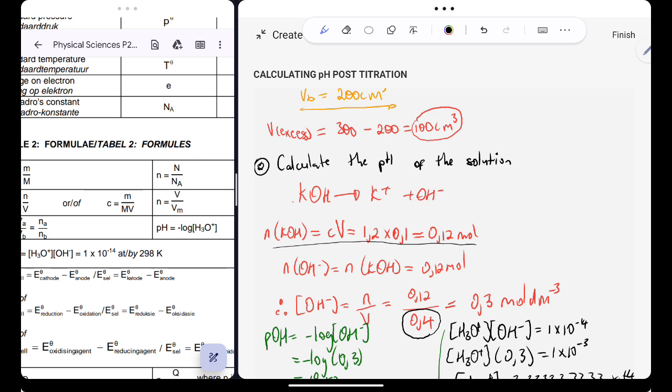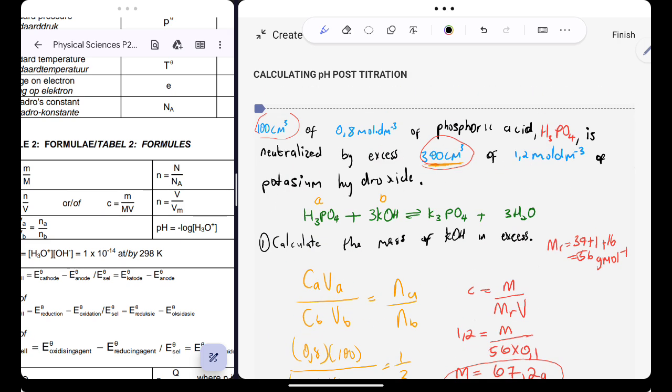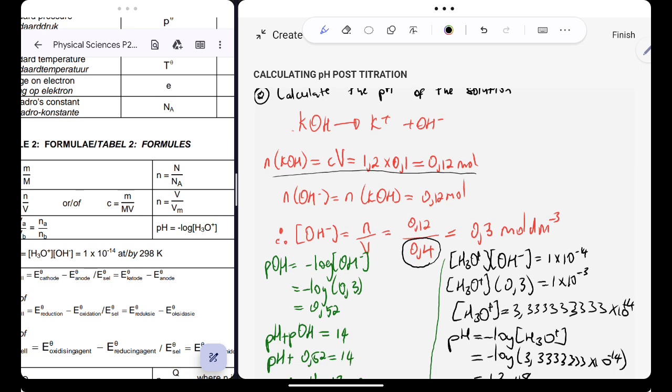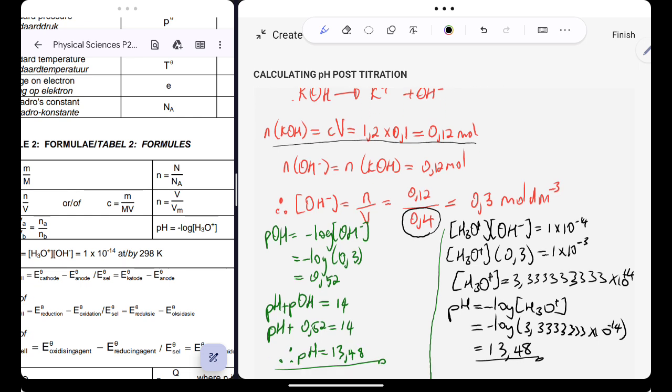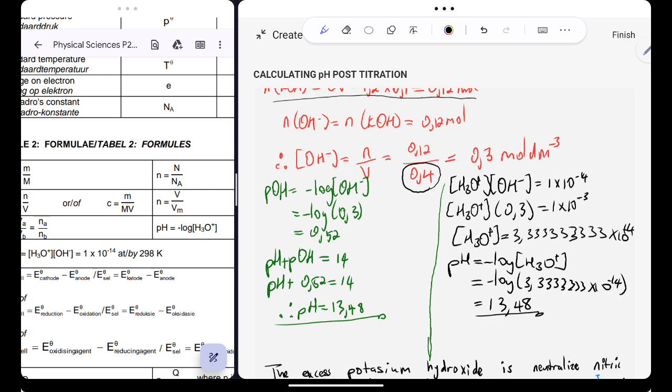That's why I have 0.4, because I summed up the 300 plus the 100 cubic centimeters to get 400 cubic centimeters, and then I found my concentration of the hydroxide ions, and then I found my pOH and then pH, or I found the concentration of the hydronium ions, and then I found my pH. That's how it's done, guys, né?